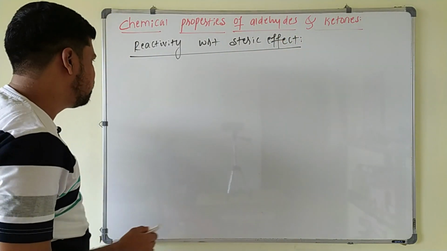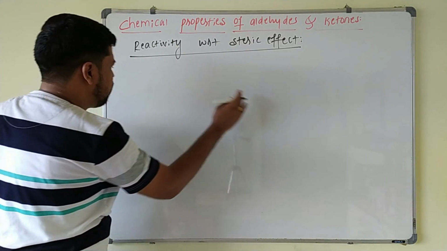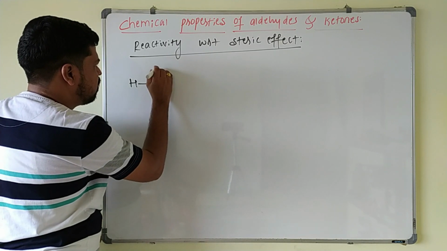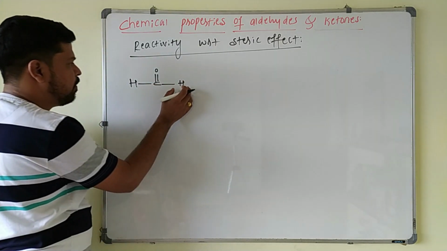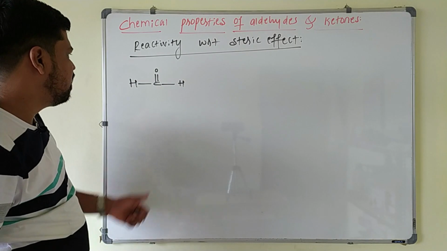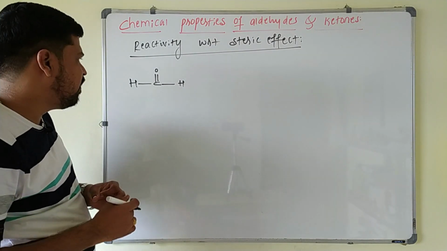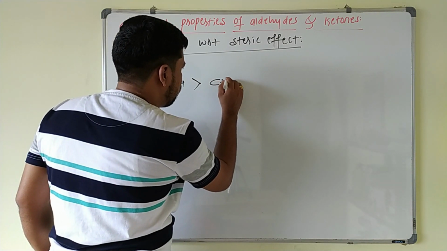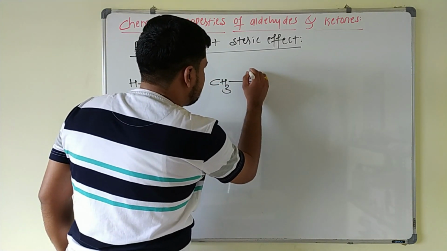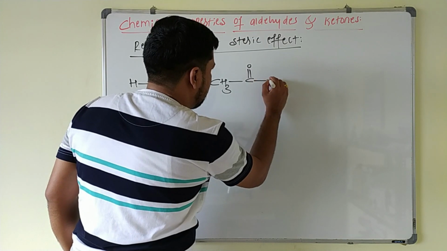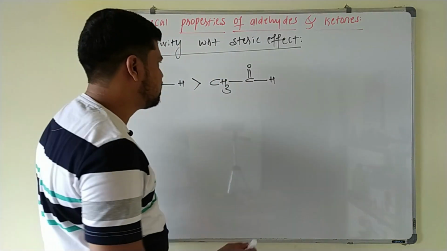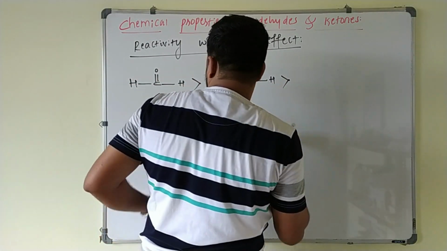Again the first three members will be in the same order, that is, if I write formaldehyde, these two hydrogens, being smaller size atoms, will allow the attack of the nucleophile very easily. So this will be more reactive as compared to this aldehyde. Here one alkyl group is present, so again reactivity decreases. And again here what happens?